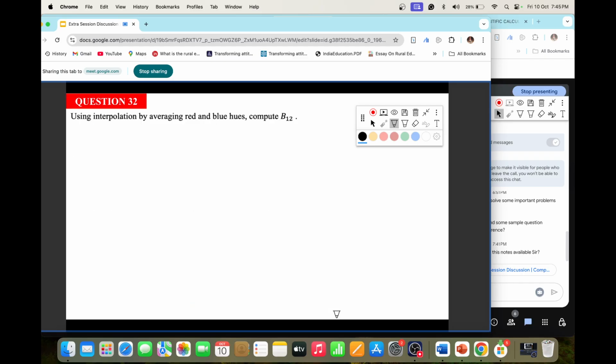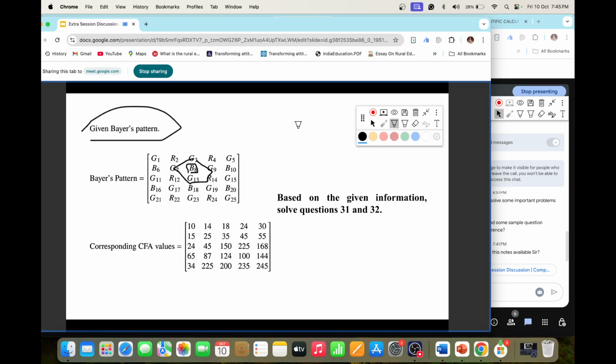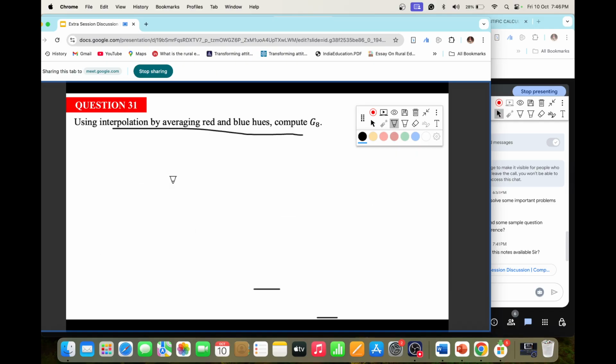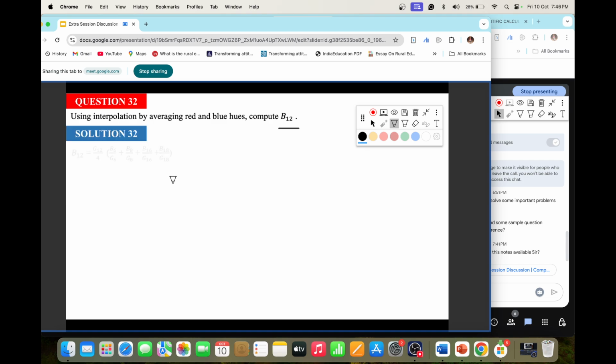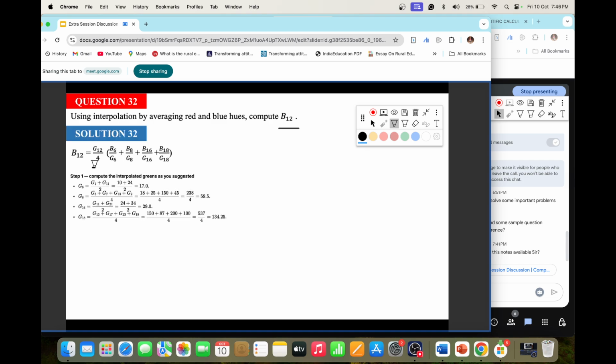But this can be a bit tricky, that is B12. To get B12, we have to look at the red value. B12 is not there, but we have to focus on R12. Once you focus on R12, from R12 you calculate G12, and from G12 you calculate this. So this is the total formula.